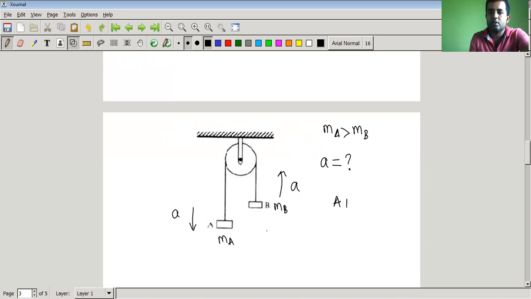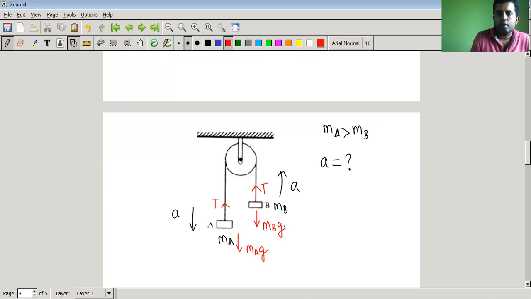Now, let us draw the forces acting on the selected system. So let us concentrate. We all know that if I take A, tension will be upward here and the force of gravity is downward, which is this. If I take B, tension will be upward and the force of gravity will be downward.